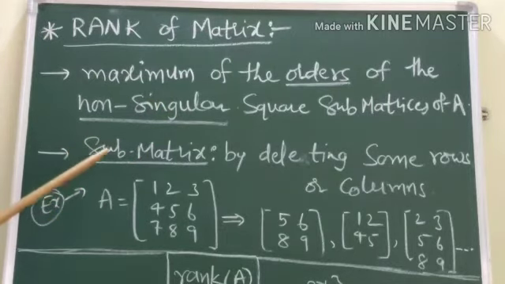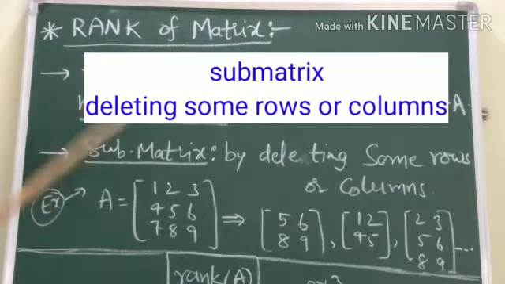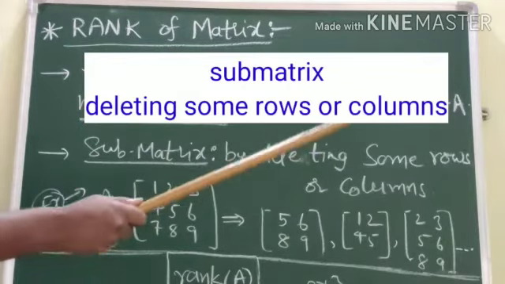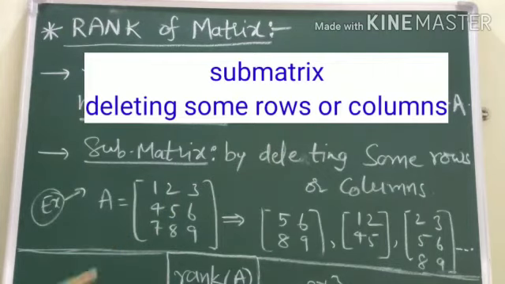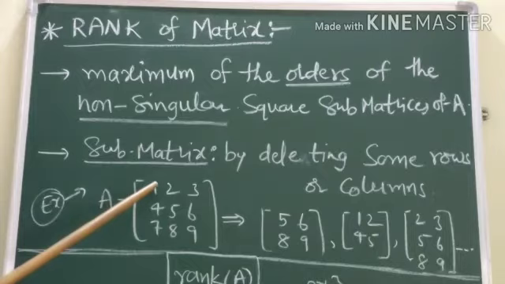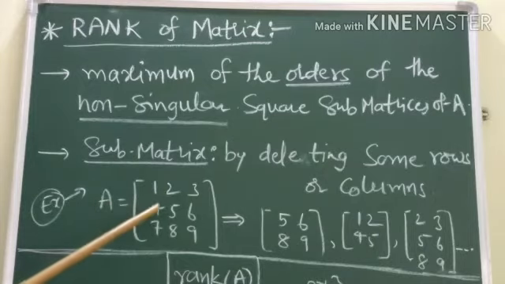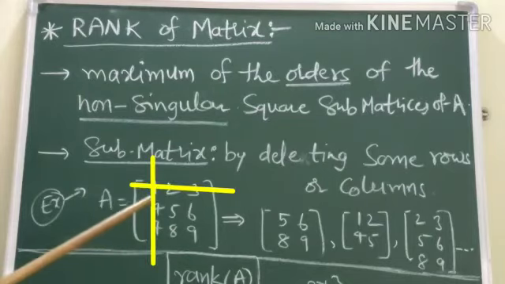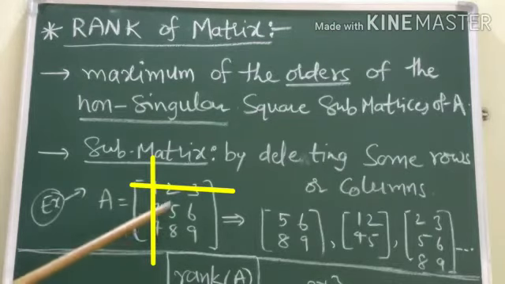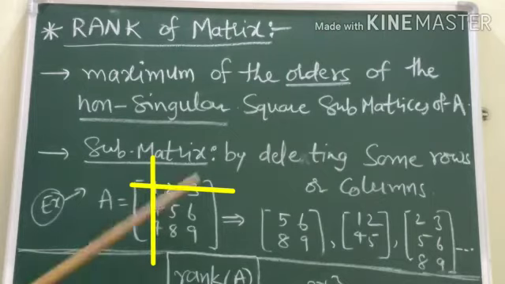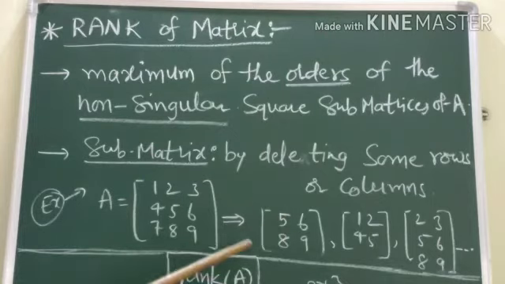Now let us see what is the submatrix. Here, simply by deleting some rows or columns of the given matrix is called a submatrix. For example, let us say A is equal to the matrix 1, 2, 3, 4, 5, 6, 7, 8, 9. If you delete first row, first column, we get 5, 6, 8, 9. 5, 6, 8, 9 is one of the submatrices.